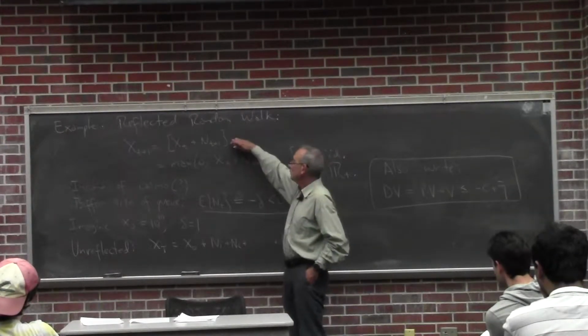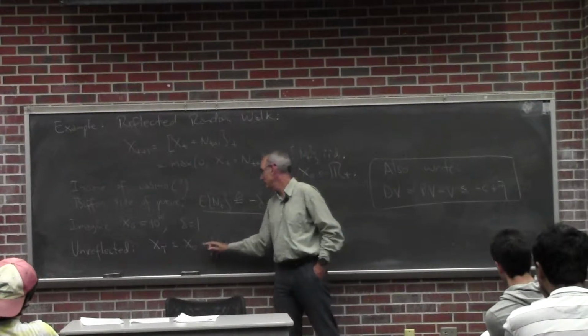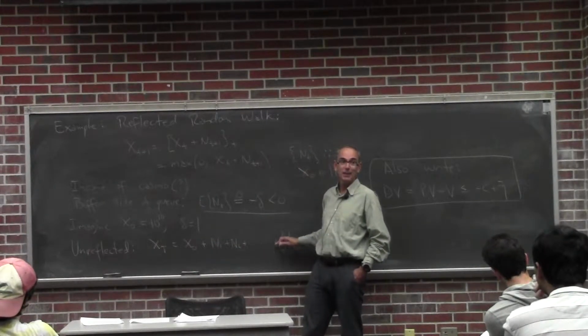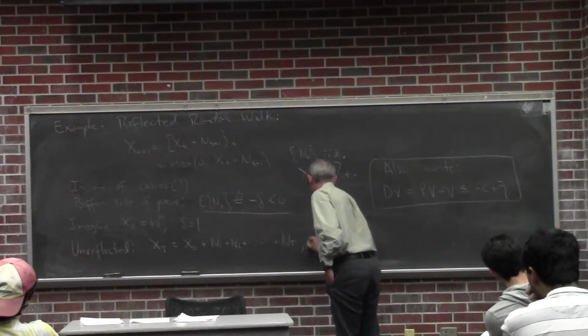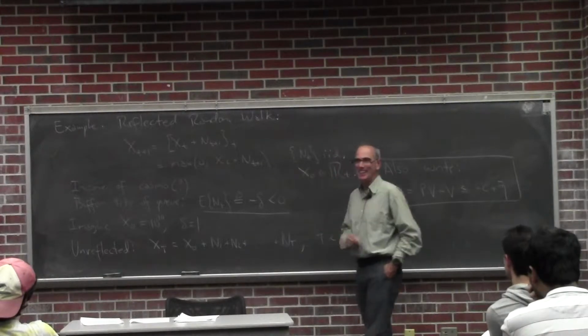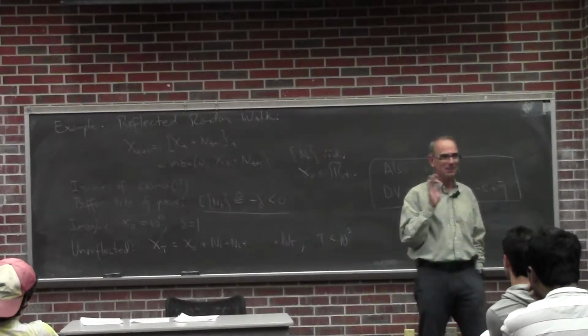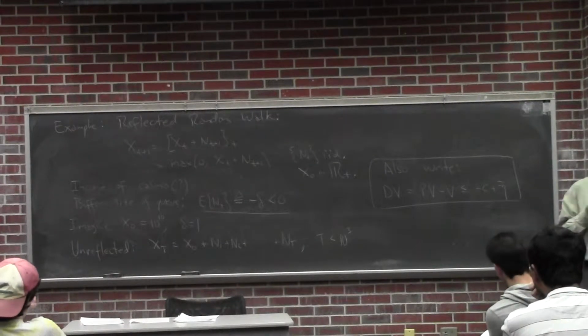Because if you don't have the plus sign there, all you're doing is adding on additional increments. You've got the initial condition, plus n1, plus n2, plus n3. If you start this large and say t is less than 10 cubed, it's really unlikely that the plus will kick in. So let's just assume the n's are bounded, so it just doesn't happen. So what's the sum of a bunch of independent random variables?